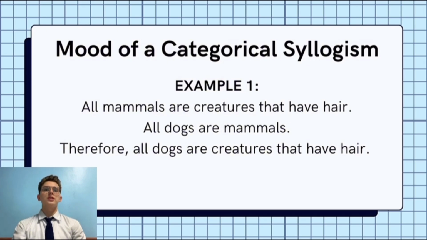Hence, the mood is denoted as A. The minor premise's mood is also positive universal since it still starts with all are, so it's denoted by A. Lastly, the conclusion's mood is still positive universal because of the same reason as the previous premises and is also denoted by A. Therefore, the mood of the argument is AAA.